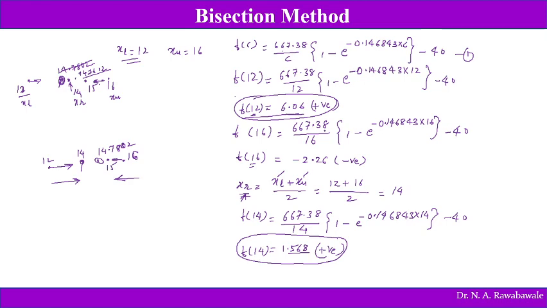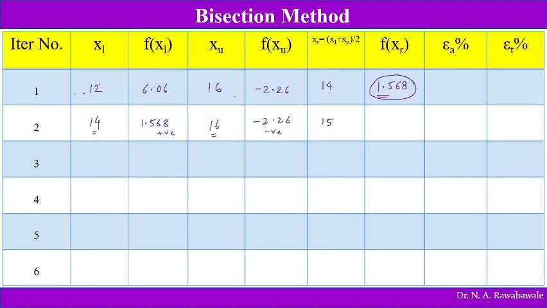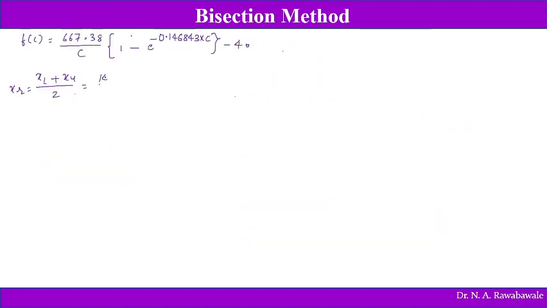How we obtained 15? So here xl plus xu divided by 2 is the revised root, and xl is 14 and xu is 16 now. So 14 plus 16 divided by 2, this will be 15.